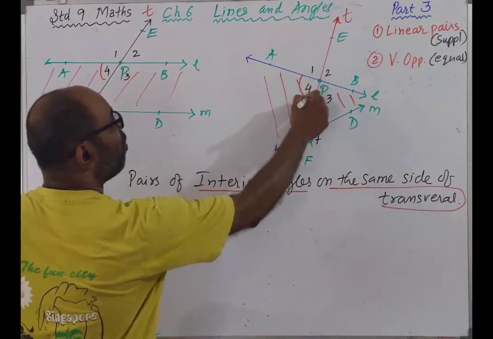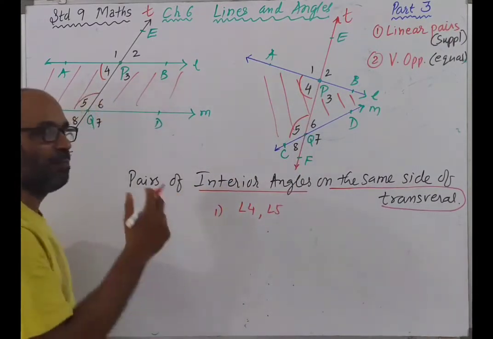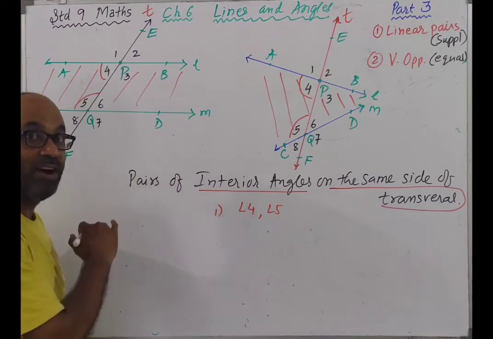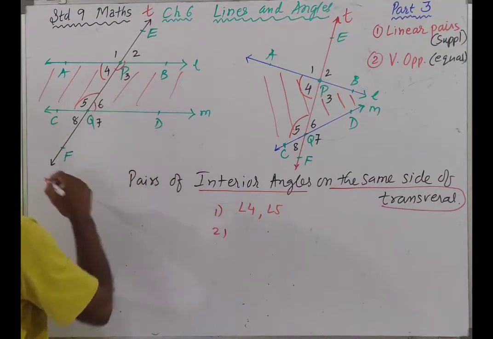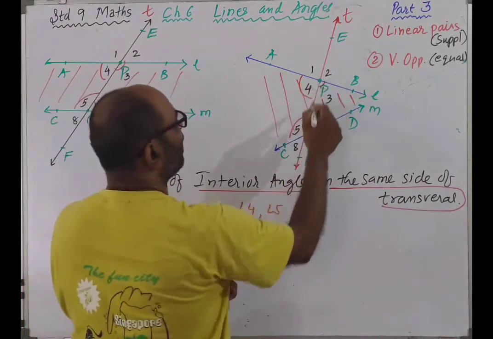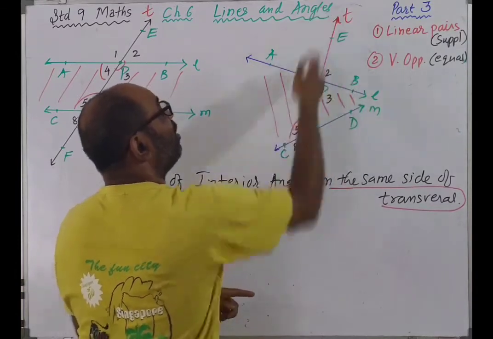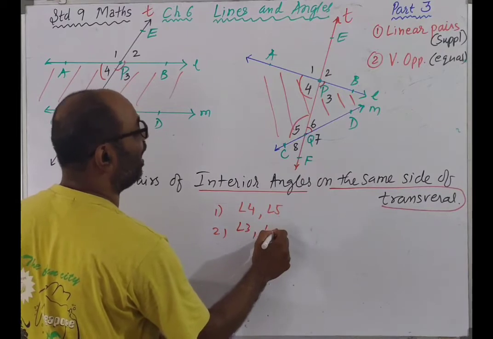Here also 4 and 5. So angle 4 and angle 5 are a pair of interior angles on the same side of the transversal. Second pair, 3 and 6, on the same side and in the interior. Yes, 3 and 6 are on the same side of this transversal and they are in the interior. So angle 3 and angle 6.